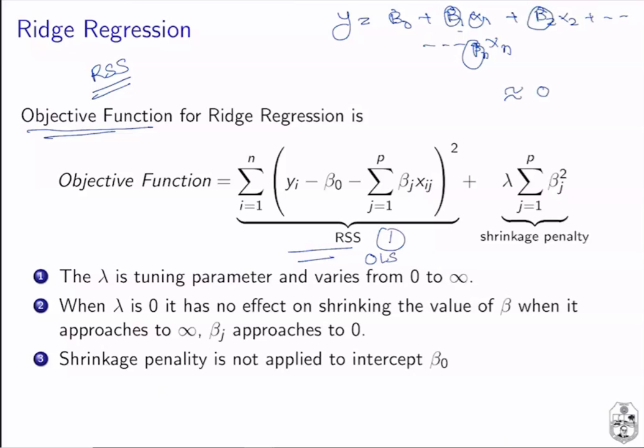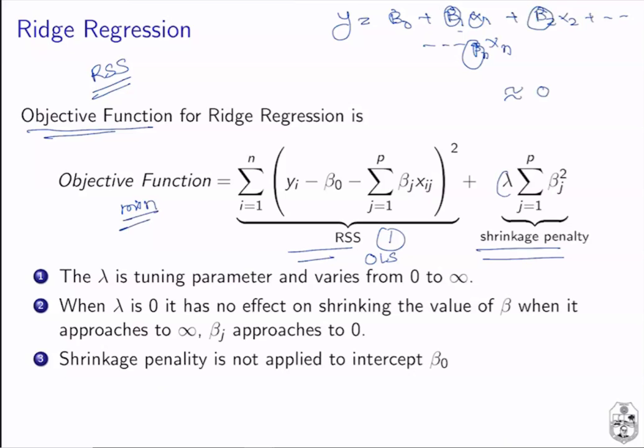And in addition to that, it has another term that we call the shrinkage penalty. This shrinkage penalty is lambda times the sum of all beta j squared. Here, all the coefficients are added together and their sum is added to the error term, or the objective term. And now our objective is to minimize this objective function.